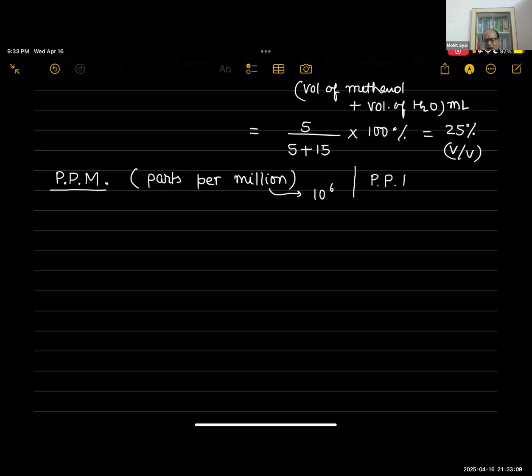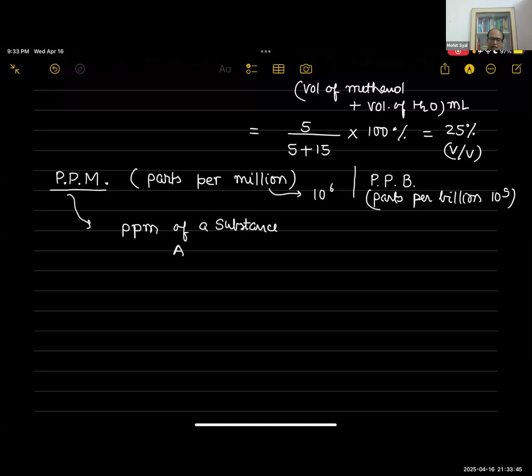Okay. ppb is parts per billion. Million is 10 to the power 6 and billion is 10 to the power 9. Normally ppm is used. So suppose you want the ppm of a substance A in the mixture.